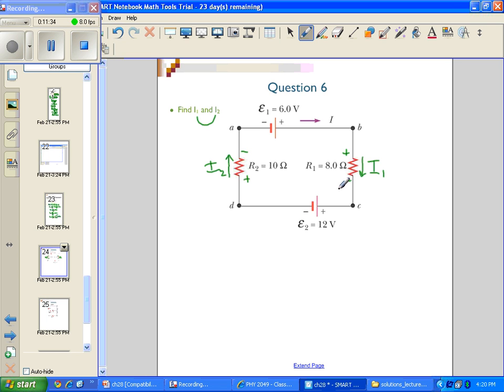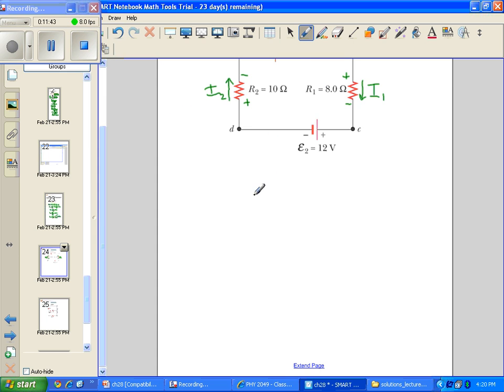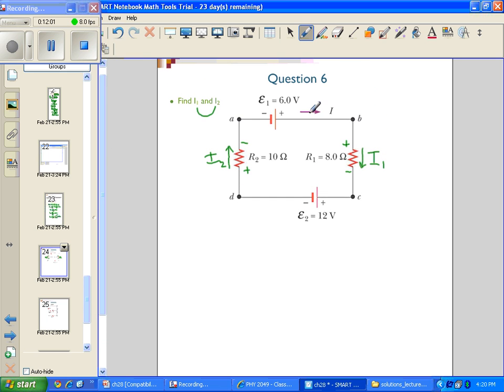So since we can't use the junction rule and we only have one unknown, the loop rule will give us the equation that will satisfy the unknown current, the solution to the unknown current. And what we want to do here is to start by deciding which direction we want to take when we traverse this loop.